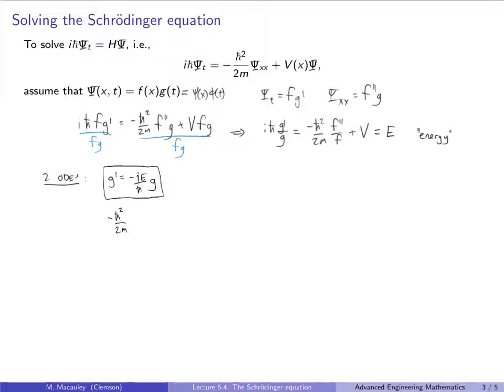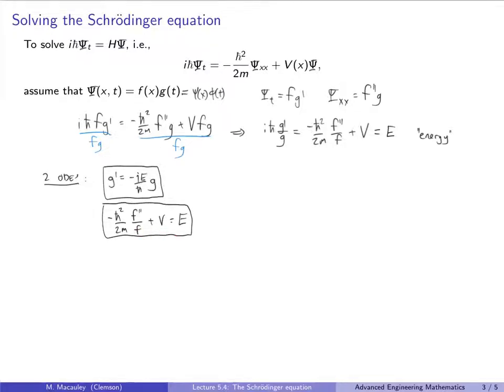Actually, I don't know if I want to write... Yeah, I'll leave it like this. This is often what you'll see in physics books. F double prime over F plus V equals E. Of course I could have divided through by F, but I'm going to leave it like this.